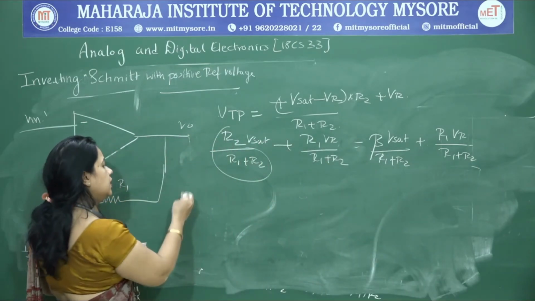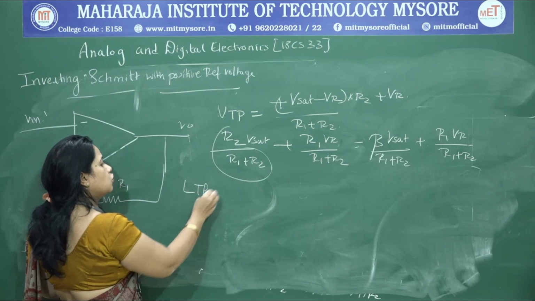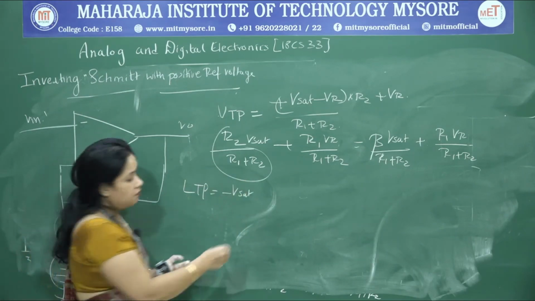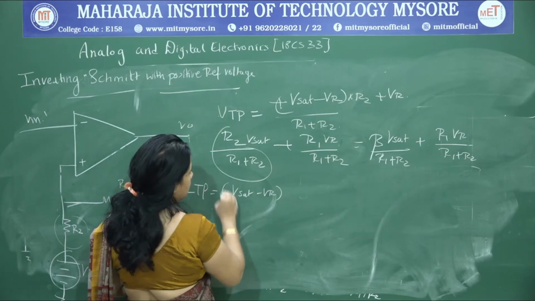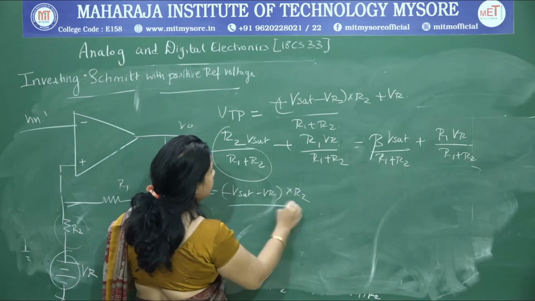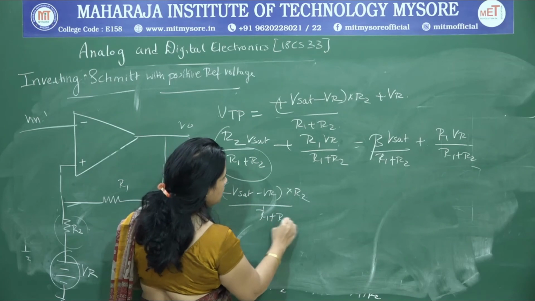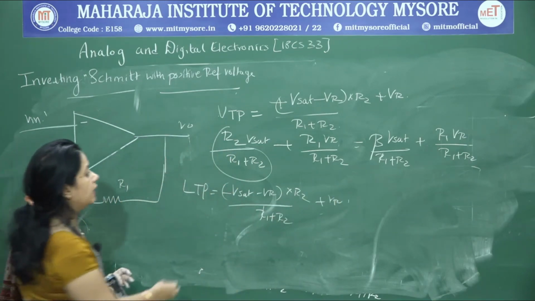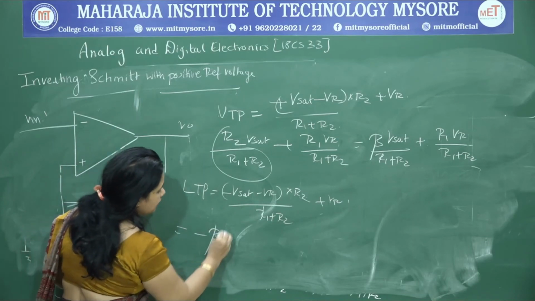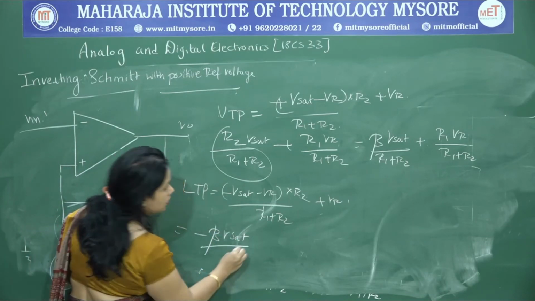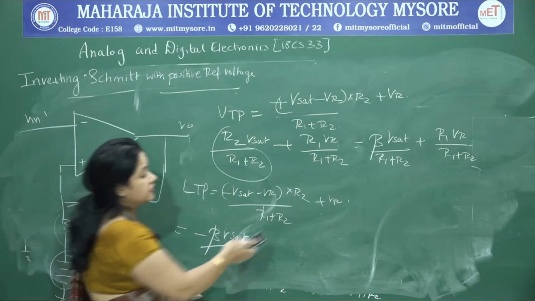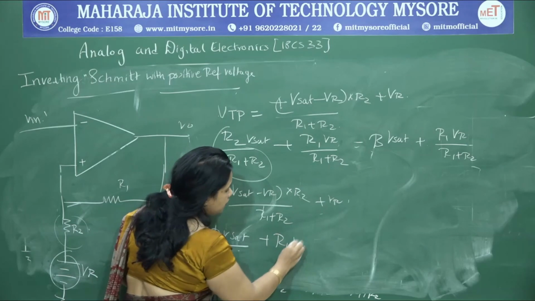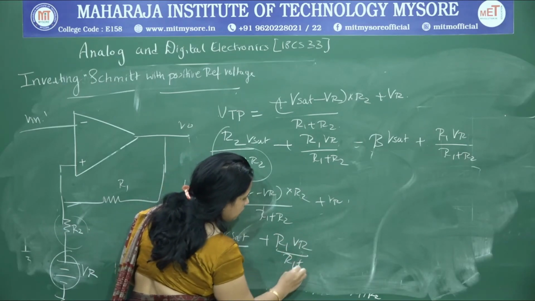If you proceed in a similar fashion, your lower threshold point is minus VSAT into R2 divided by R1 plus R2, plus VR. You simplify this and end up getting minus beta VSAT plus R1 VR divided by R1 plus R2.